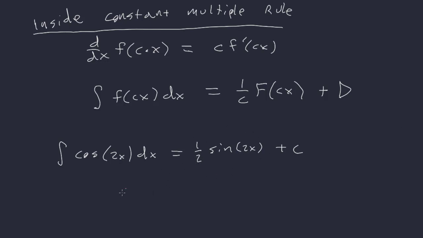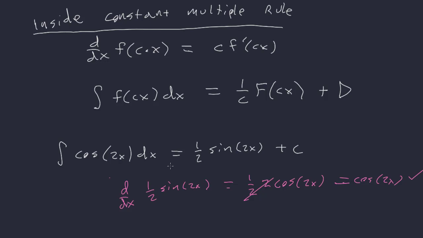Well, let's differentiate and find out. The derivative of 1/2 sine of 2x will be 1/2, and the derivative of sine of 2x will be the derivative of 2x, which is 2, times cosine of 2x. So the 2's cancel, and we get cosine of 2x. So yes, that does line up.